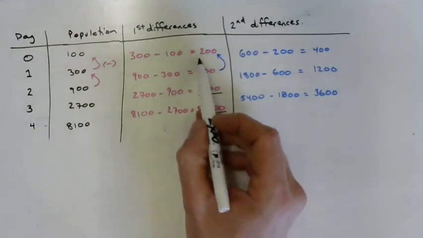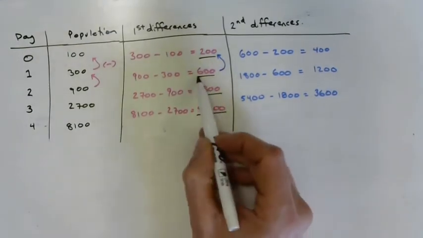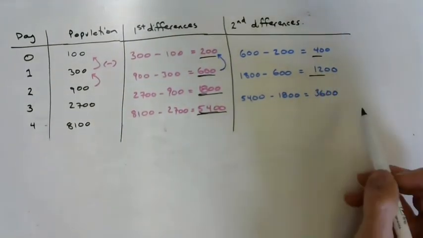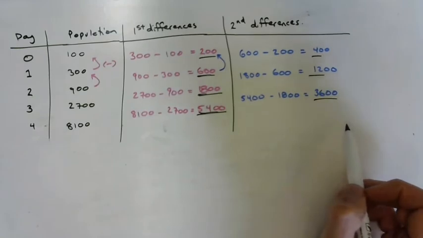How do you get from 200 to 600? How do you get from 600 to 1800? 18 to 54? 4 to 12? 12 to 36? Okay, so what happened?